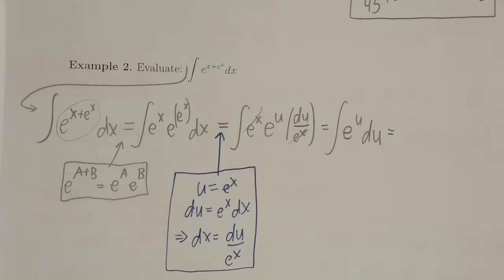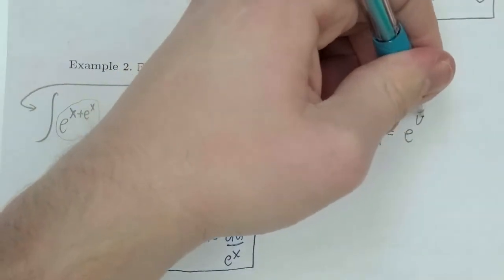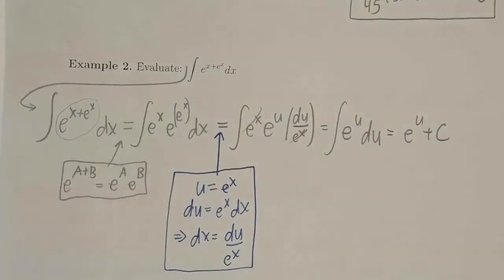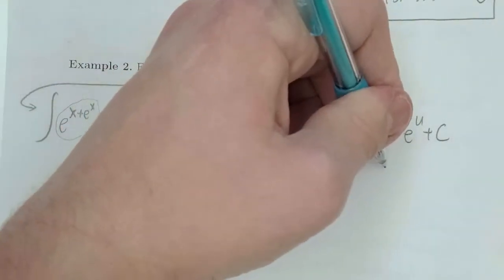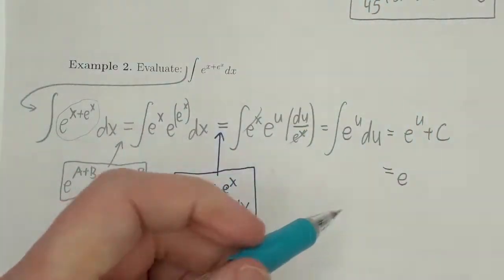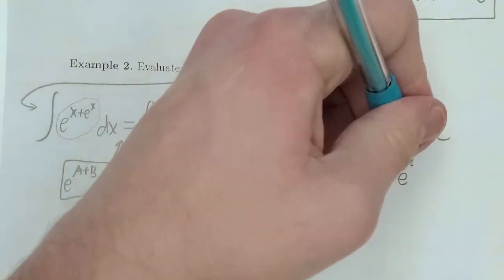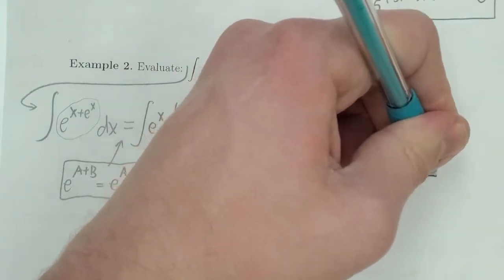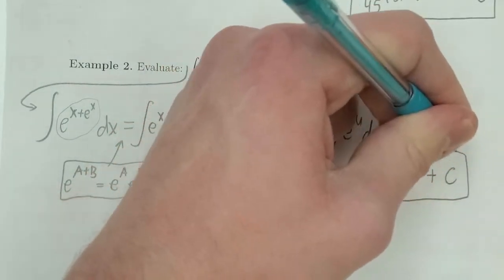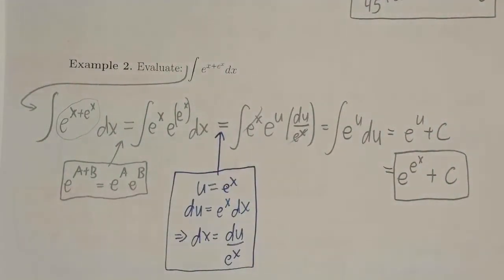Well, e to the u, there you go, plus c. E to the u plus c. Okay? And then we need to make sure our original variables are incorporated into our final answers. So noting that u is equal to e to the x, we have e to the power of e to the x plus c then becomes our final answer. Okay? So definitely a lot cleaner than example 1, that's for sure.